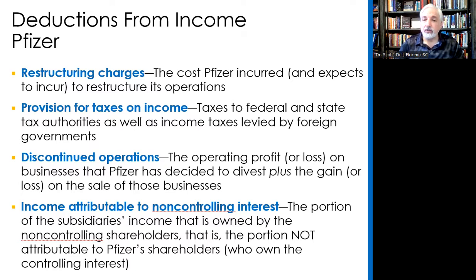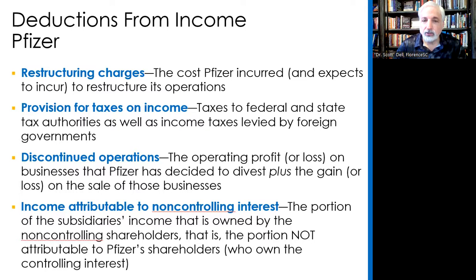Discontinued operations. So the businesses that we are no longer going to be in, we can't keep in operations because they're no longer part of our operations. We're divesting of them, so we have a profit or loss from the operation as well as the actual sale. Usually recorded net of tax, so it's net of tax effects.